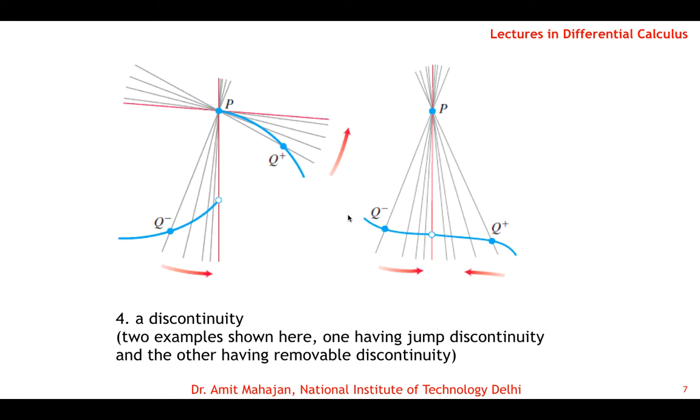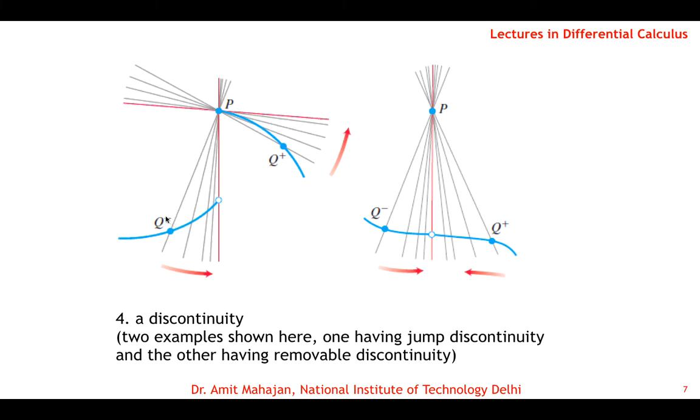There are other cases also. For example, if you have a discontinuity like a jump discontinuity, or a removable discontinuity. In the case of a jump discontinuity, one of the derivatives becomes vertical.